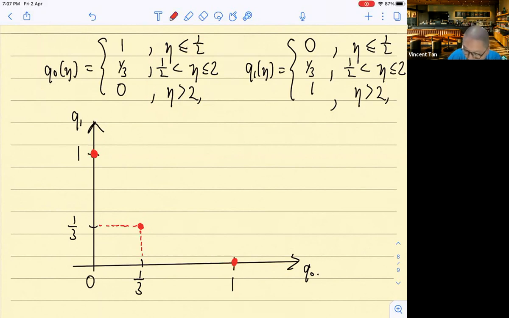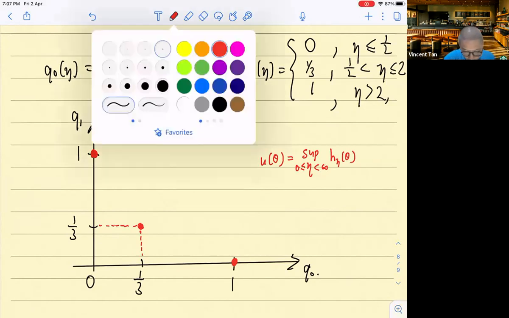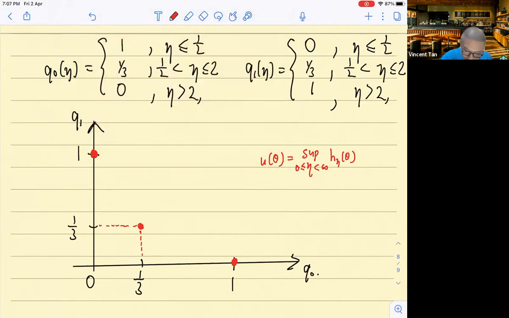But remember that we are interested in the error curve, which is given by the supremum over all eta running from 0 to infinity of h of eta, theta.